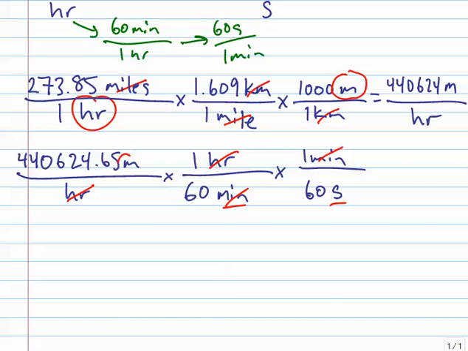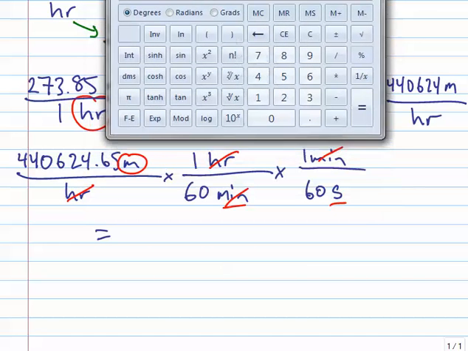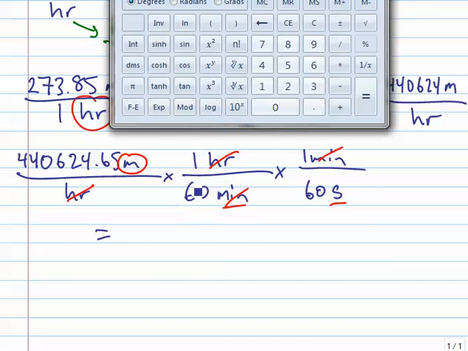And so here I have meters in the numerator and seconds in the denominator, so this is going to give me what I want. So now when I come over here to my calculator, leaving that value from the previous step in my calculator, I'm now going to be dividing by 1 hour per 60 minutes and 1 minute per 60 seconds.